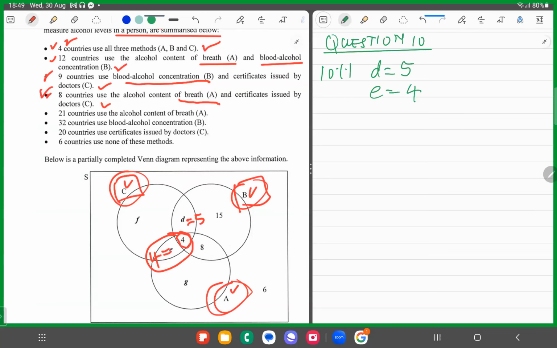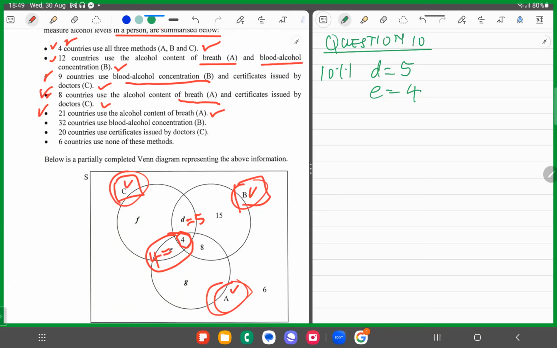Next, say we're analyzing this question. 21 countries use the alcohol content of breath A. So in other words, everything in A must be 21.